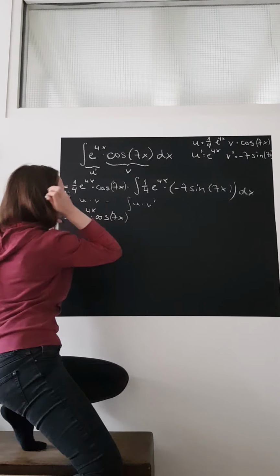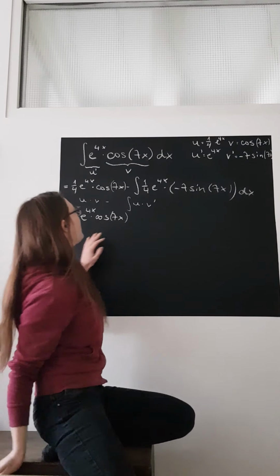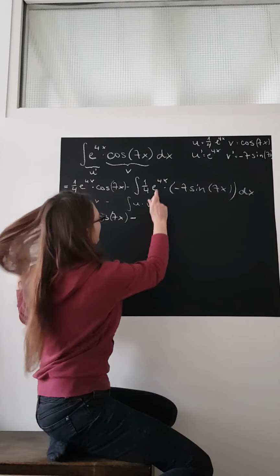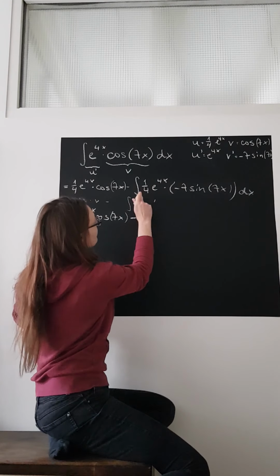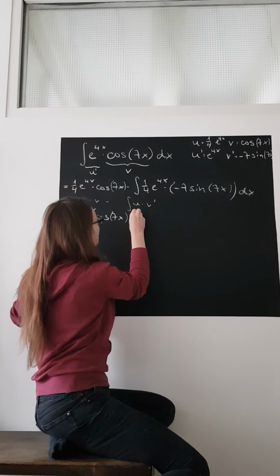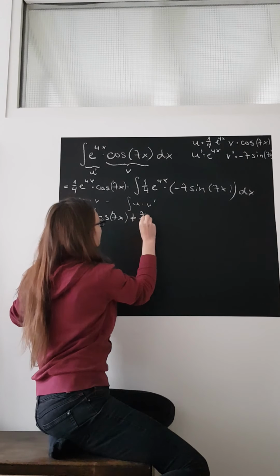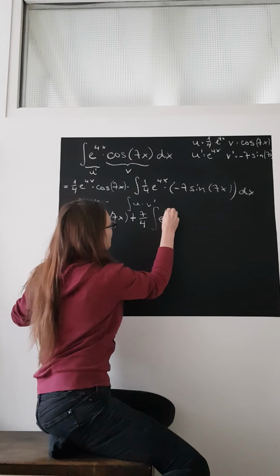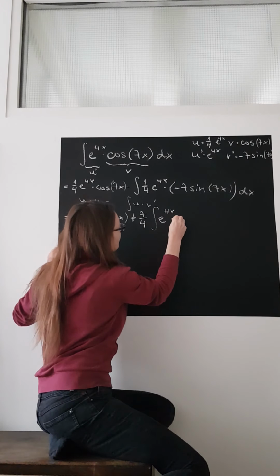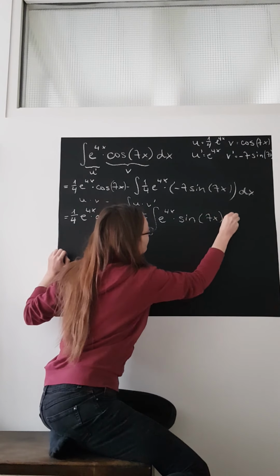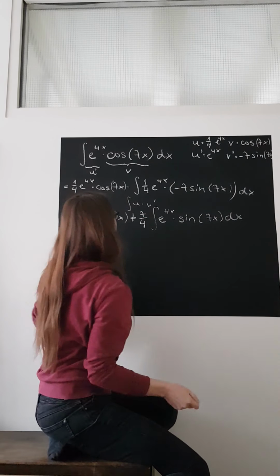Maybe for the interest of readability, I add brackets, minus. Now I have minus 7 times a quarter that I can take in front of the integral, so plus 7 divided by 4, integral e to the power of 4x times sine of 7x dx.